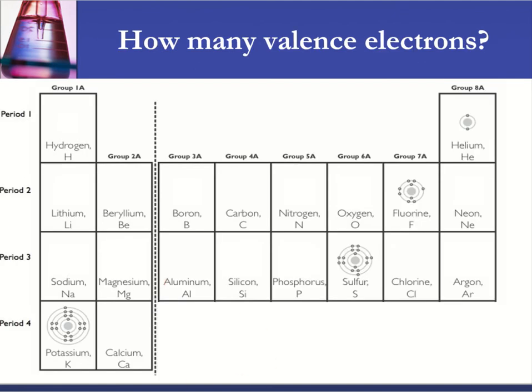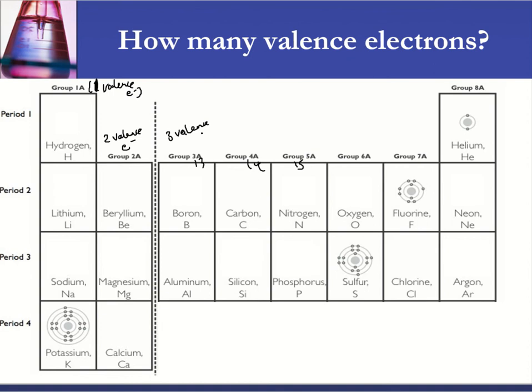So the general rule of thumb in terms of valence electrons is: if it's in group 1, it will have 1 valence electron. If it's in group 2, there are going to be 2 valence electrons. Group 3, in this case group 13, 14, 15, and so on, would have 3 valence electrons.